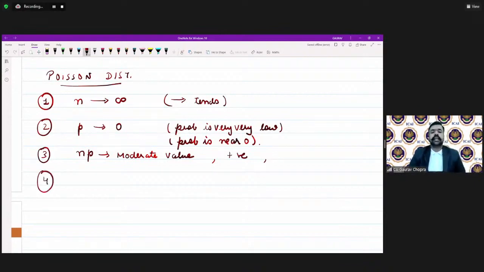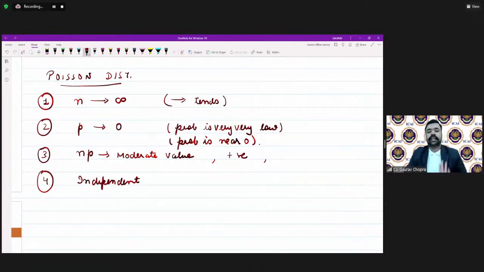Now, other conditions are similar to binomial distribution. So what are the other conditions? There will be independent events. And what will be the events? Success and failure, and success and failure will again be mutually exclusive.